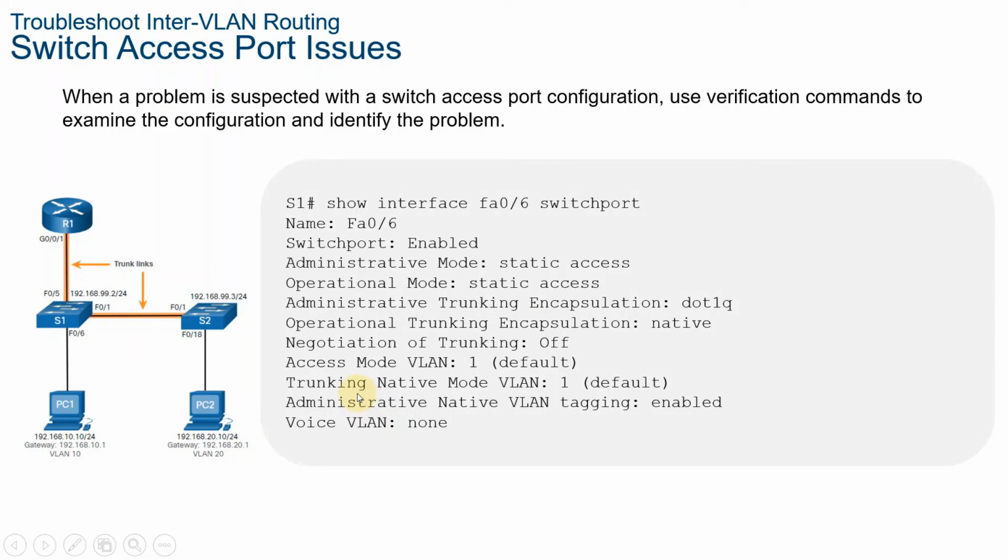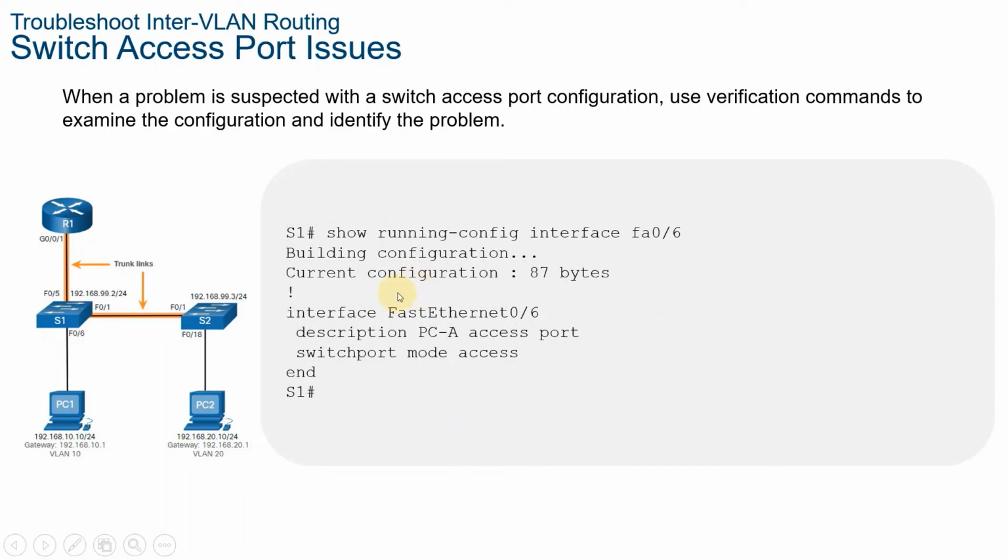Verify the port configuration on switch 1 using the show interfaces interface ID switchport command as shown here. Okay, so this is FA06, it's enabled, and you can see there you've got static access.